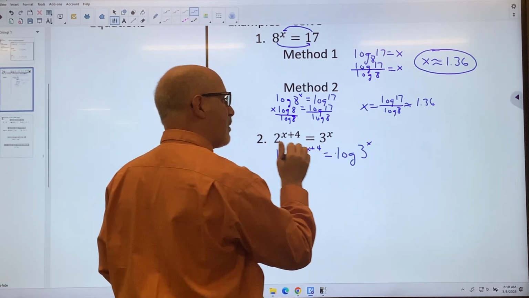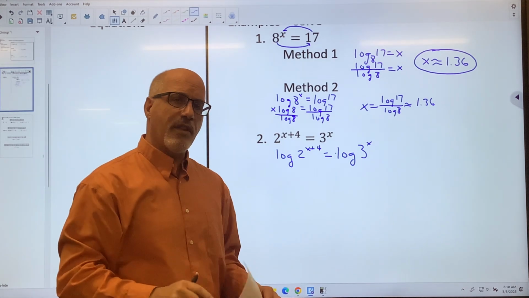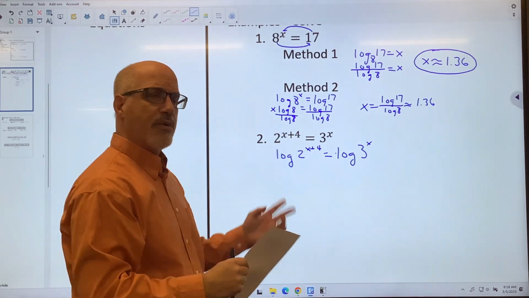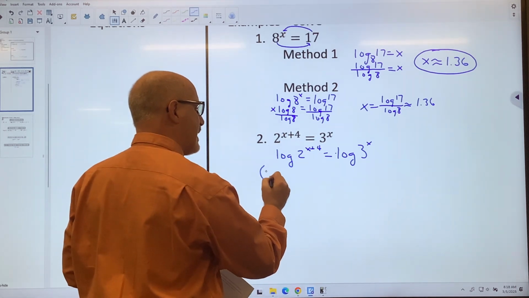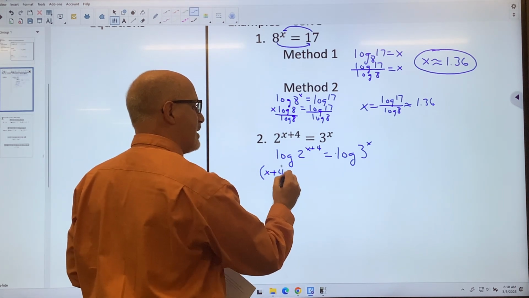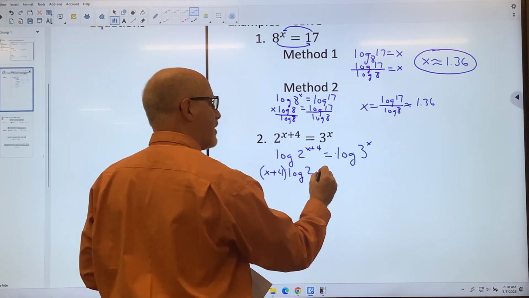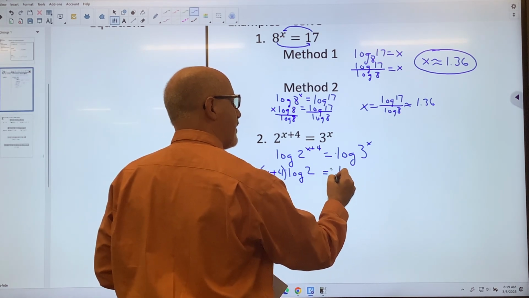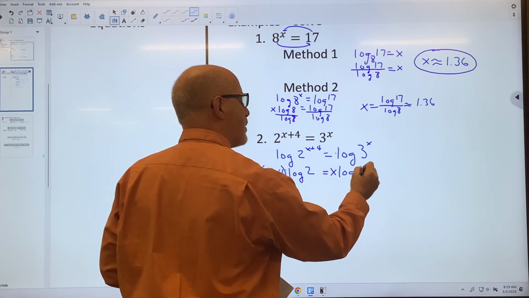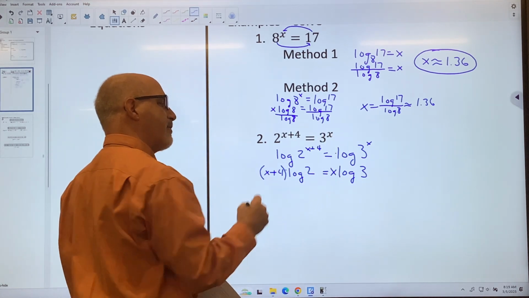I'm going to use the property of logs that says I can bring that exponent down in front. I'm going to take it down in front as a parentheses because it's the entire exponent multiplied by the log of 2. I have x times log of 3 here, so bring that exponent down in front.